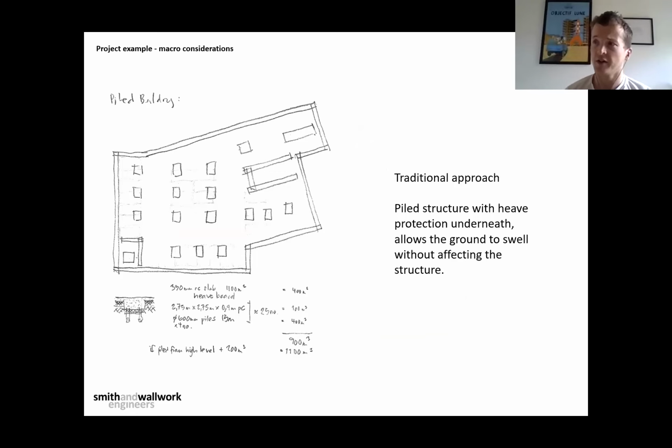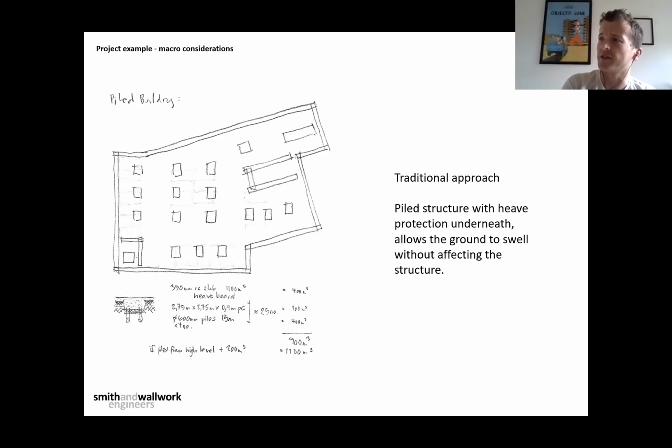So you have a solution that involves piles, pile caps, a suspended raft slab across, normally cast on top of collapsible formwork like your core deck, which is designed to create a void under the slab that allows the ground to swell underneath the slab, and the ground does its own thing and the slab sits there happily with a little bit of ground pressure to resist, but largely unaffected.